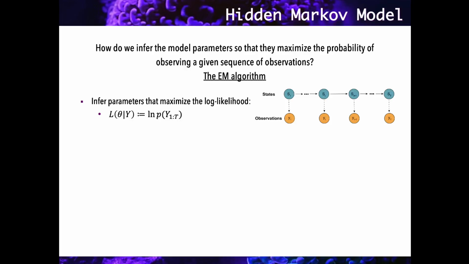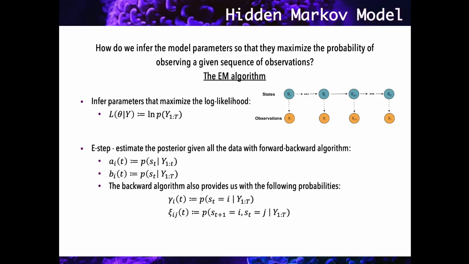So the second step is called the expectation maximization algorithm, and what we want to do is infer the parameters that maximize the likelihood of the data that we have. This algorithm contains two steps. The first step is called the E step, in which we will estimate the posterior given all the data, now, not just the data until certain time points, with what we call the forward-backward algorithm.